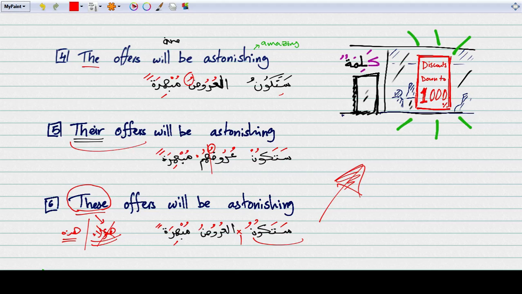But when you talk about groups, for example things like armies, one of the questions that I got is: do you say هؤلاء الجيوش, the word for armies is جيوش, or do you say هذه الجيوش?